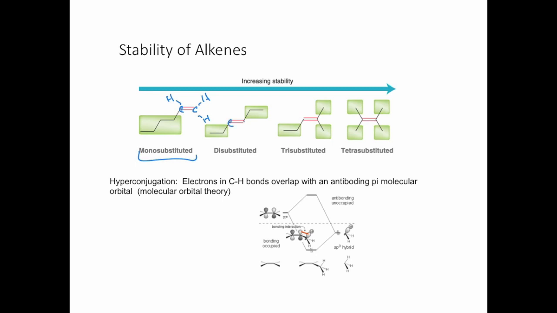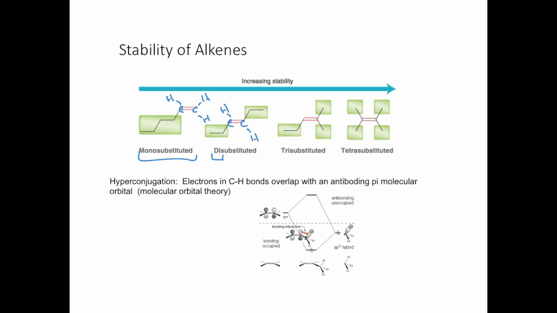Here, these carbons, I'm going to draw on the hydrogens. Each carbon has a hydrogen attached and 2 non-hydrogens. And overall, there are 2 non-hydrogen groups, so this would be disubstituted. So the mono-, di-, tri- refers to how many non-hydrogen groups are directly bonded to the alkene carbons.